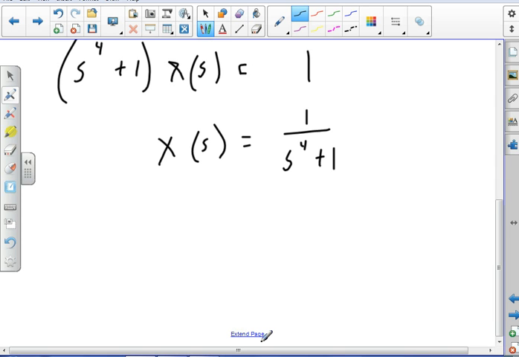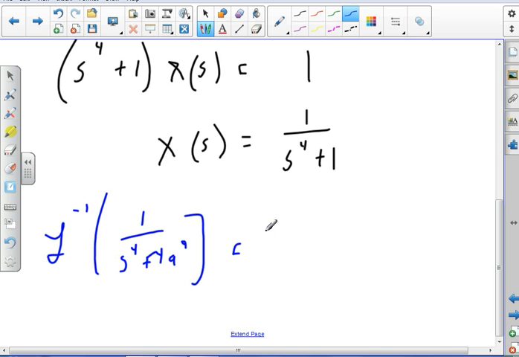Okay, I found it. S to the fourth plus 1. It's number 26 on page 296. Okay, so on page 296, problem number 26, wanted us to find the inverse Laplace transform of 1 over s to the fourth plus 4a to the fourth.